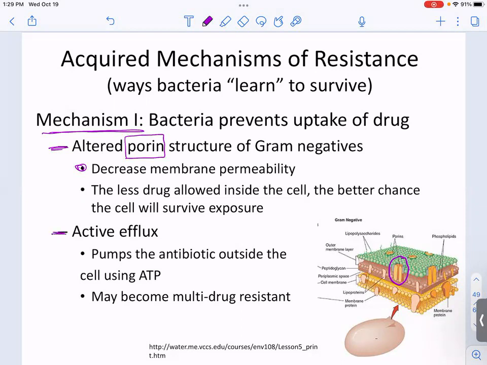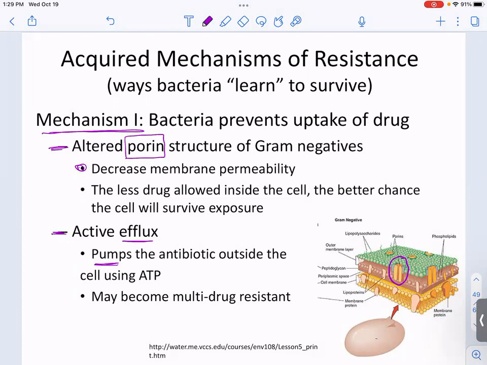Some organisms already have these efflux pumps. If they're exposed to some toxin, they have these pumps to limit their exposure. They can be altered to recognize an antibiotic, okay? If you remember, in lab, when we tested Pseudomonas for resistance to antibiotics, that organism was growing right up to all those antibiotic discs.